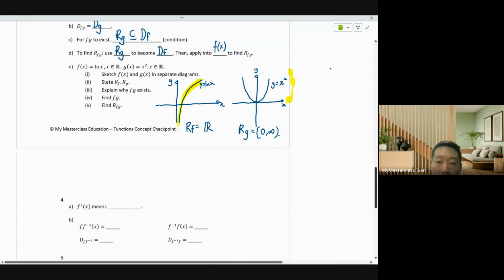Okay, so explain why FG exists. Range of G is 0 to infinity. Is it a subset of the domain of F, which is real number? Is it a subset? Yes, right. Therefore, FG exists.